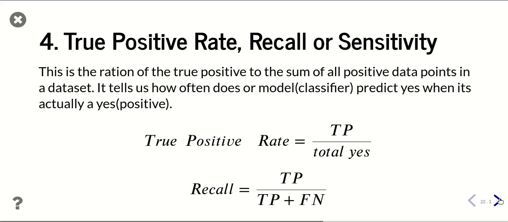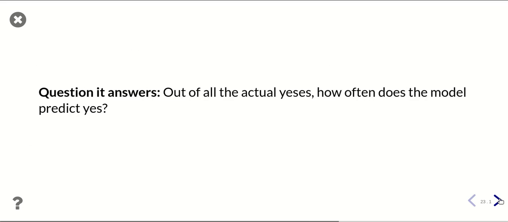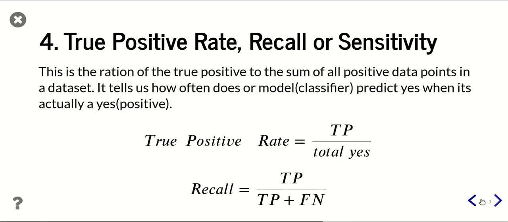The question it tries to answer is, out of all the actual yeses, or actual positives, how often does the model predict yes? This is what the true positive rate answers. It's also called the recall or sensitivity of the model.